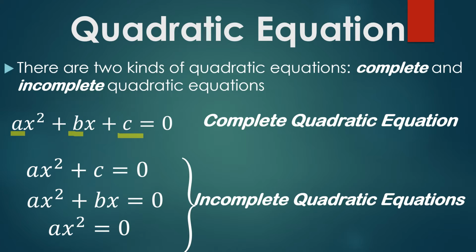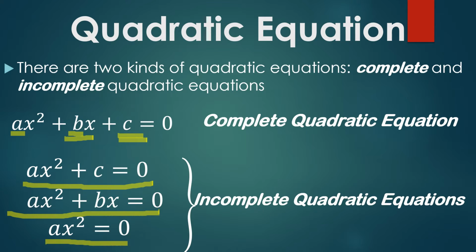Because in the first equation, there is no value of b. In the second equation, there is no value of the constant term. In the third equation, there is no value of b and c. That's why it is incomplete quadratic equations.